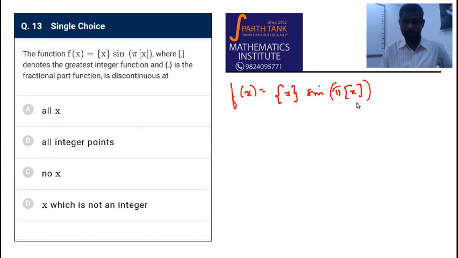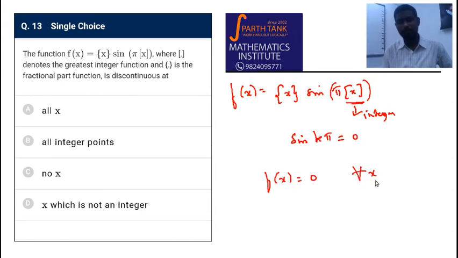But think carefully, this is an integer, which means it is like -1, -2, 0, 1, 2, 3, etc. And sine of any integer times pi is always 0. So this function basically is 0 throughout for all x.